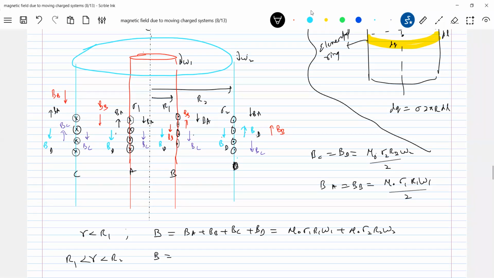Only C and D will be there. You check it now. BA minus BB will come, BC plus BD. So only due to mu naught sigma 2 R2 omega 2.